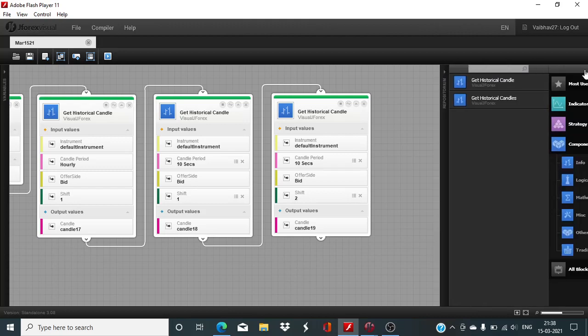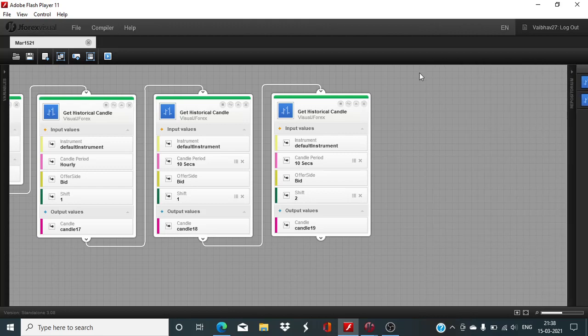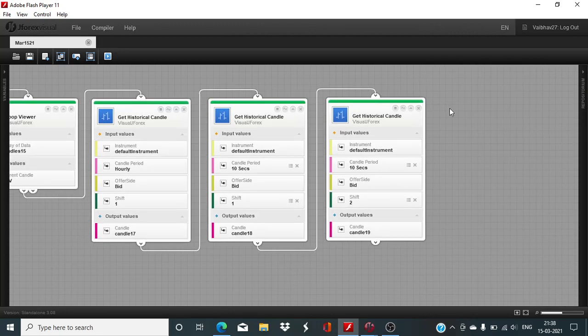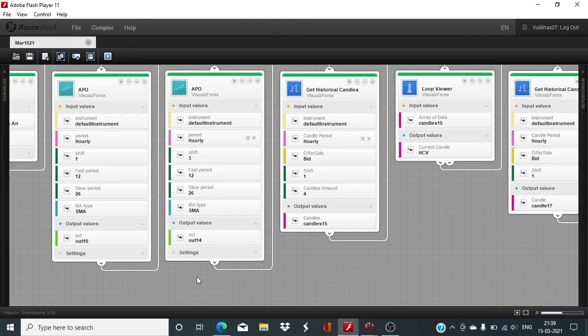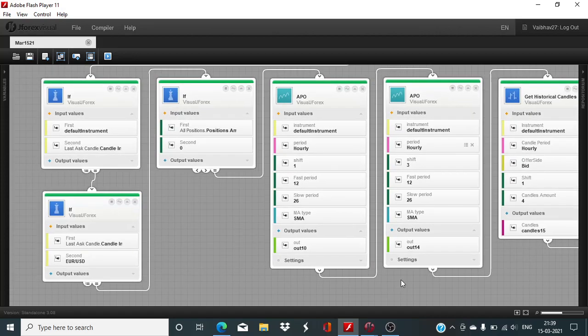Okay, so these are the minimum blocks which we are going to need for designing and developing our algorithm.